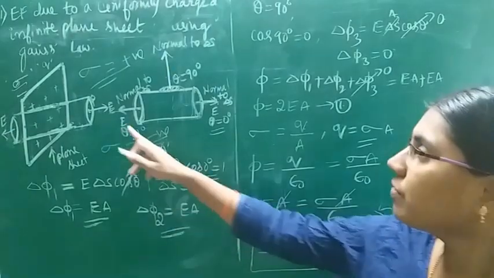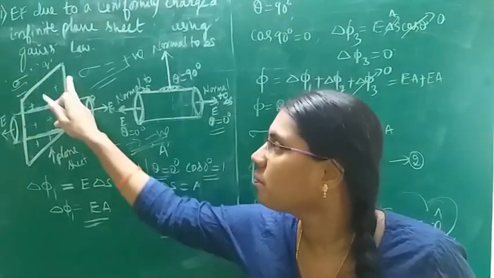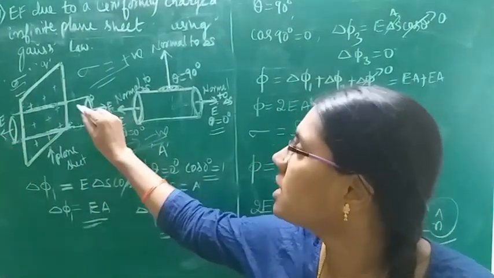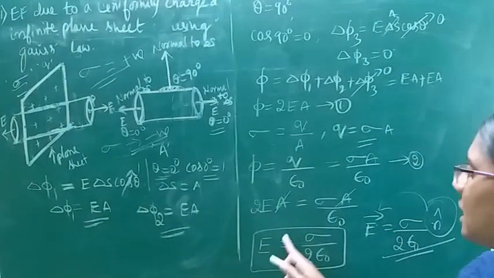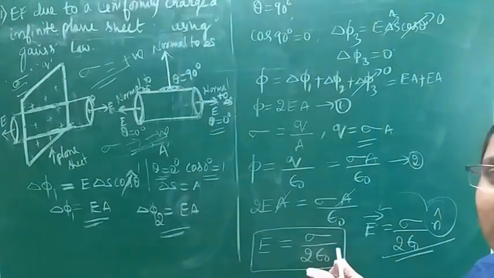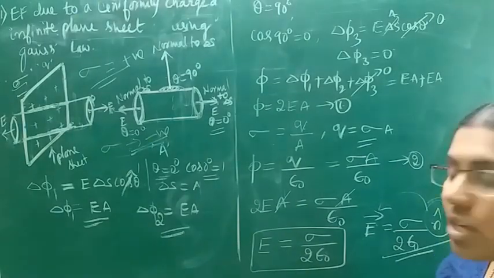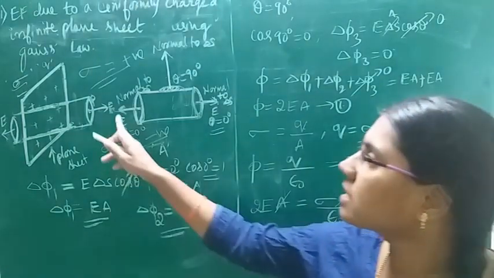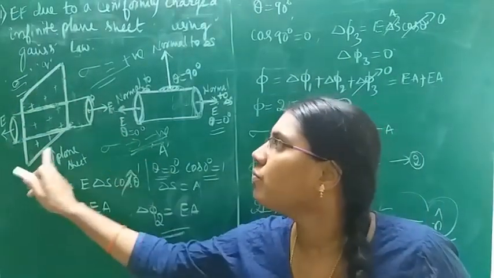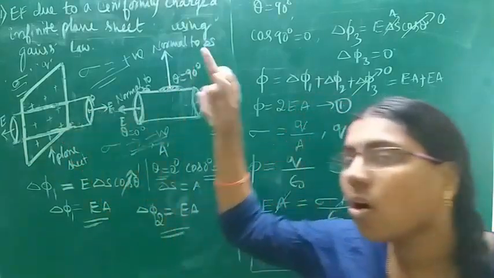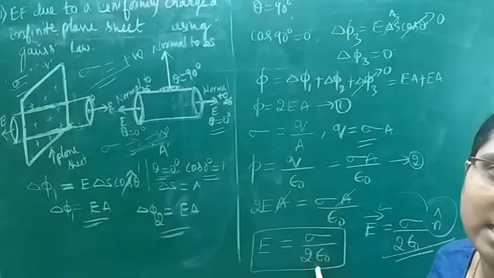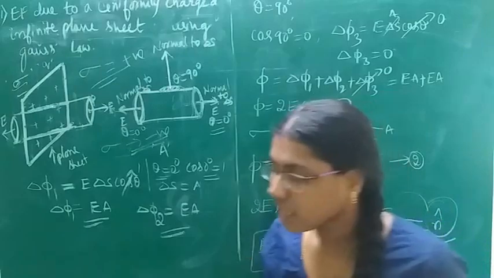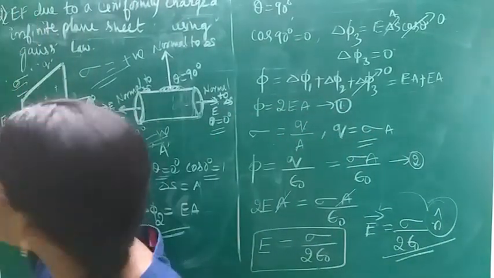And the electric field due to an infinite plane sheet doesn't depend on the distance. See, here we are not having any term related to the distance, right? So we can say electric field due to an infinite plane sheet does not depend on the distance. Okay, so this is the second application.